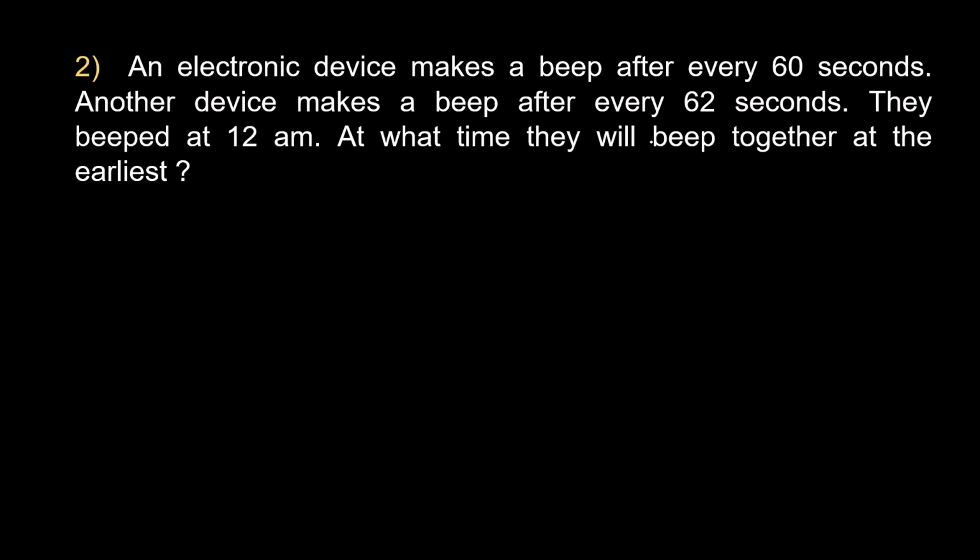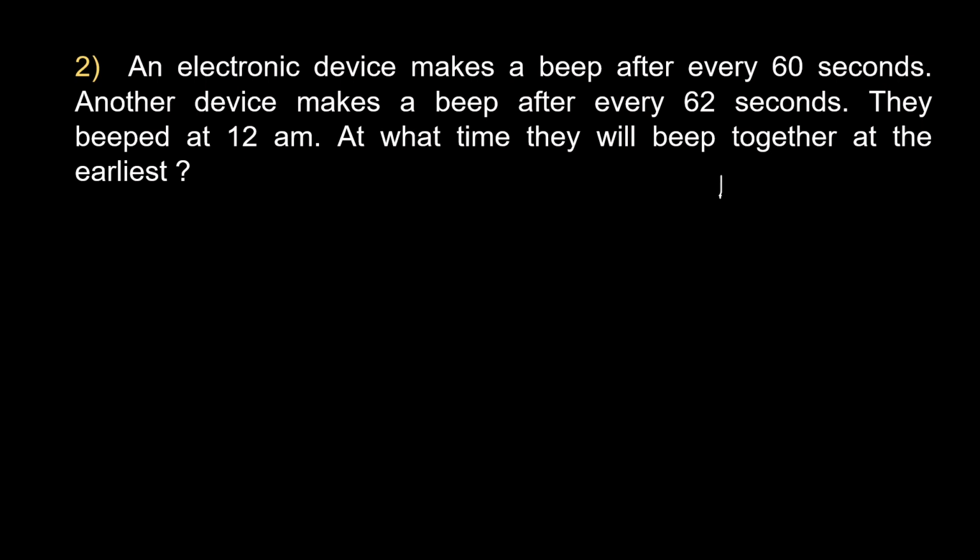So here we are told that there is an electronic device which starts to beep after every 60 seconds, and there is another device which beeps after every 62 seconds, and they both start at 12 am.